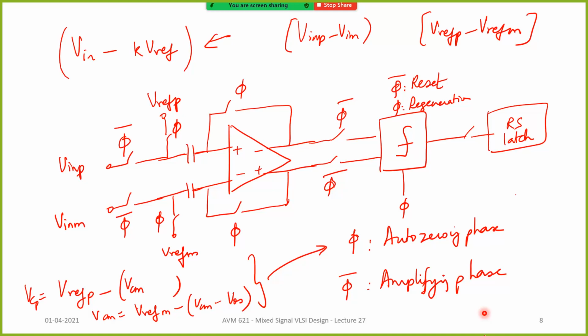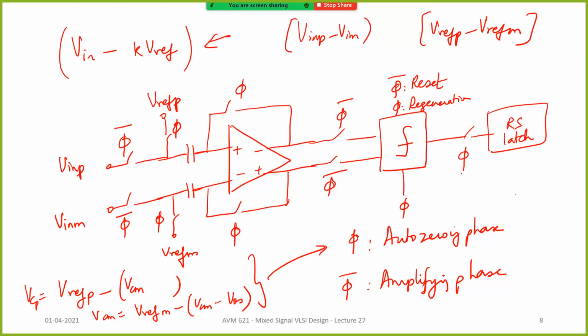So if phi is the regeneration phase of your comparator, that is when this RS latch is also getting written to. All right. So this is how you have your entire offset cancelled, or auto zeroing happening, for your entire comparator. Usually you have a preamp with a comparator, and the preamp does auto zeroing, and you attach the phases of the clock such that it is able to cancel the offset.